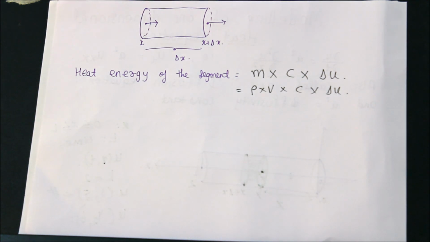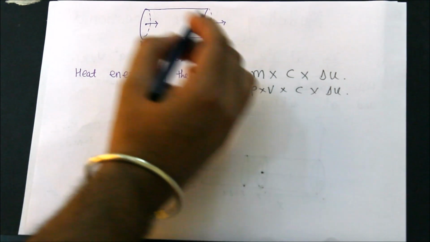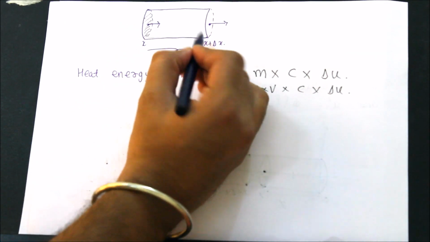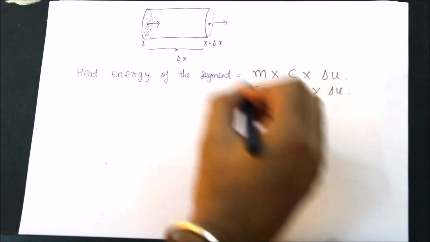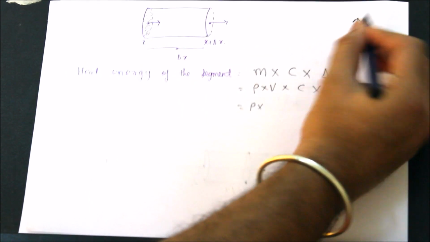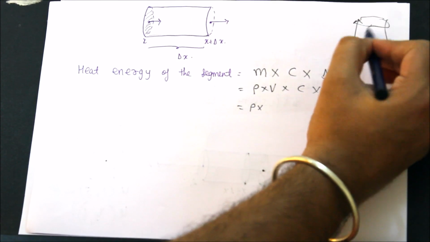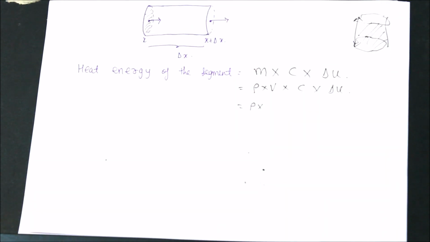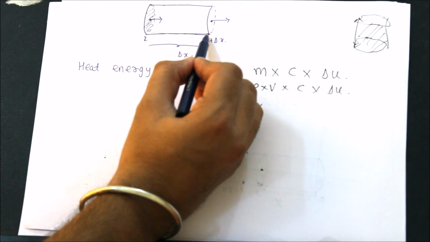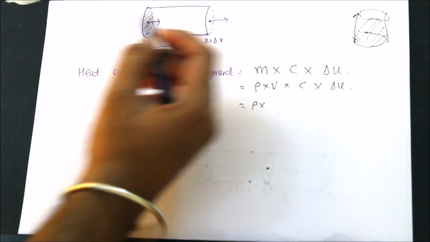Now what is the volume? If I know the area of cross section and the length, the product will give me the volume of this object. The same thing is happening here. If this is my area of cross section A and this is my length, delta x, this product will give me the volume.